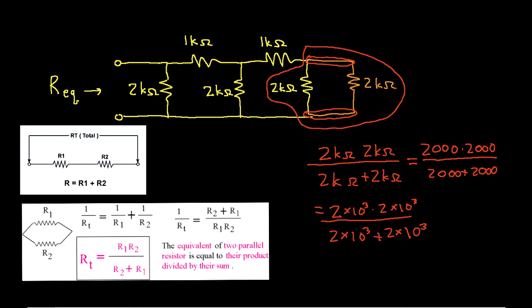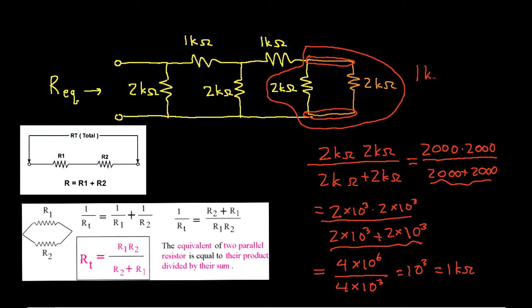And so you can plug this expression into a calculator. You can actually work this one by hand in scientific notation. You get 4 times 10 to the sixth divided by 4 times 10 to the third, which is 10 to the third, which is 1 k ohm. Okay, so with all that computation, what we've shown is that the equivalent resistance of these 2 k ohm resistors in parallel is 1 k ohm.